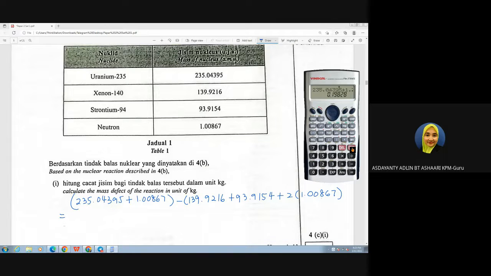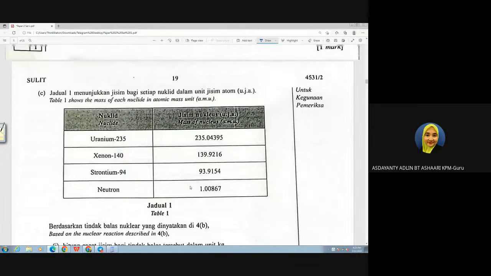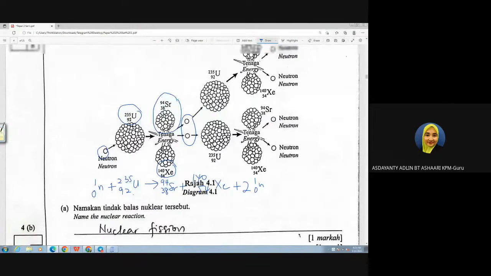So answer 0.19828. Tapi dia nak dalam kg. So times with the unit in kg, the conversion of unit.